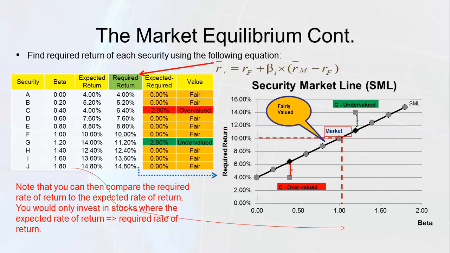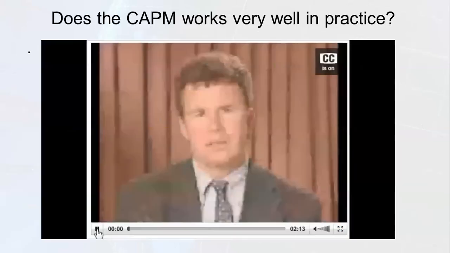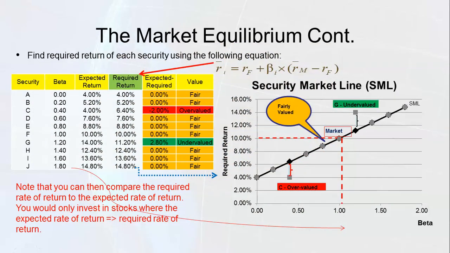You should get 6.4%, but your expected return is only 4%. Your required rate of return should be here because your beta is here. So the fair return for that beta is 6.4%, but your expected return is less, which is 2% less than the required rate of return.